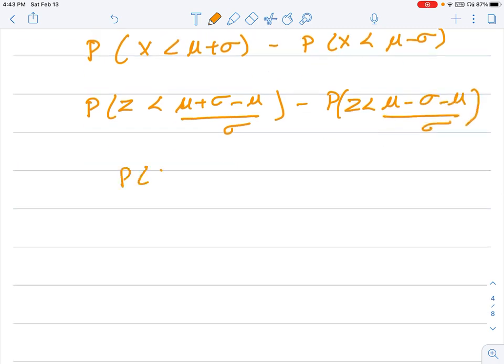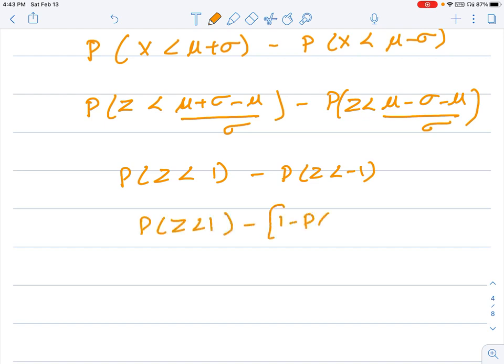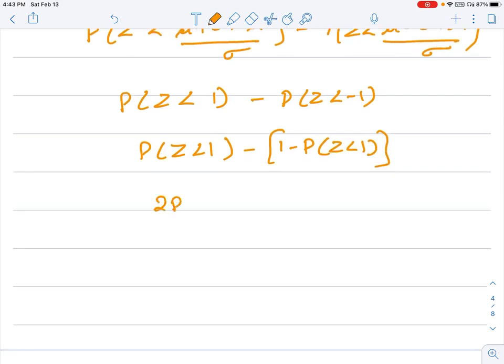So this becomes probability of z less than 1 minus probability of z less than minus 1. So probability of z less than 1 minus (1 minus probability of z less than 1). So it becomes 2 times probability of z less than 1, minus 1.